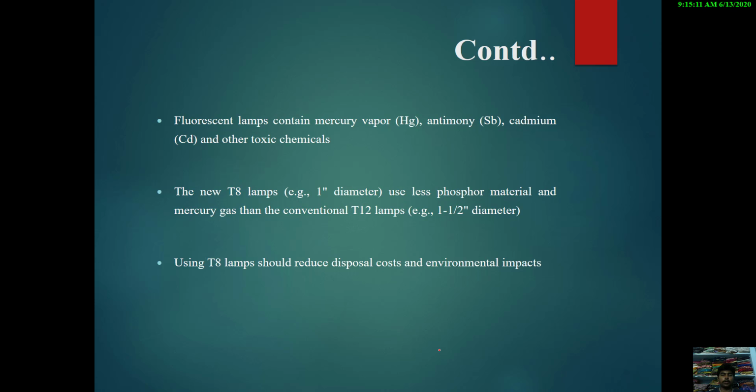Fluorescent lamps contain mercury vapor. Next one is antimony, and the second one is cadmium and other toxic chemicals. And the new T8 lamps, for example 1 inch diameter, use less phosphor material and mercury gas than the conventional T12 lamps. Using T8 lamps should reduce disposal cost and also environmental impacts.